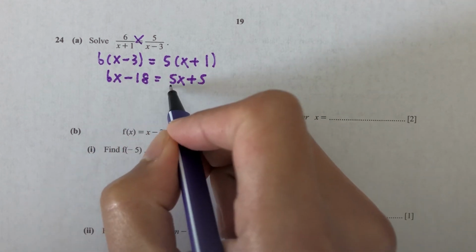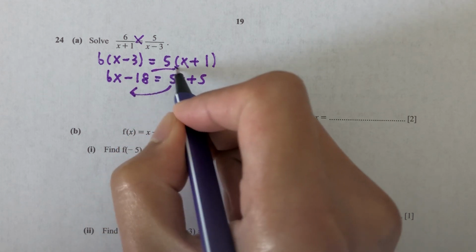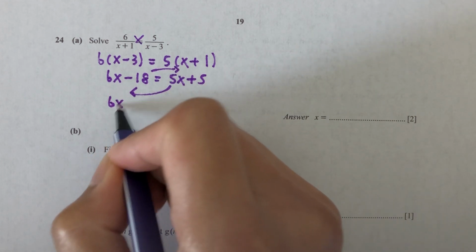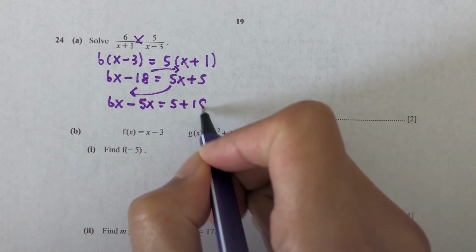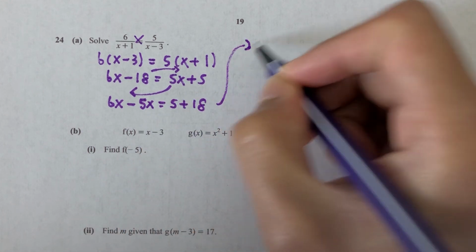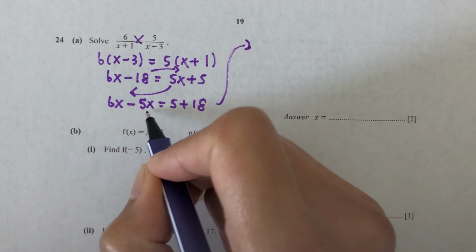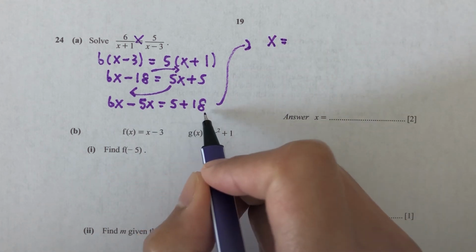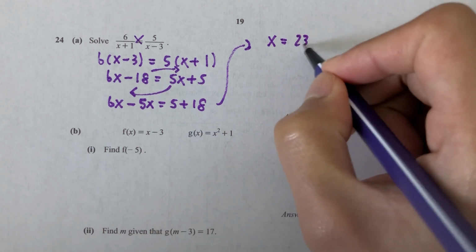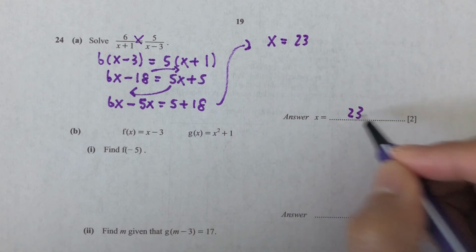We bring the x over here and the number to this side. We have 6x minus 5x equals 5 plus 18. So x equals 23, and that's your answer for part A.